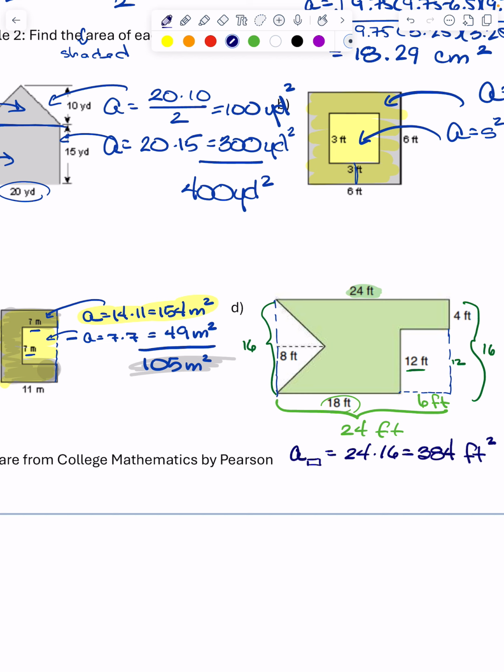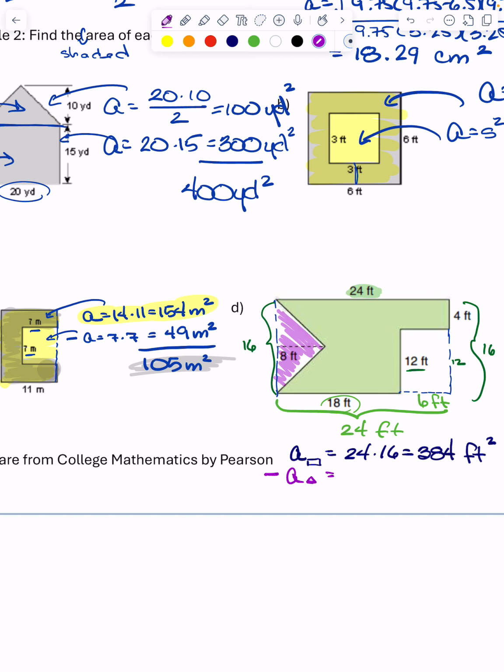Now I got to subtract out 2 pieces. I got to subtract out this triangle. So I'm going to subtract the area of that triangle.